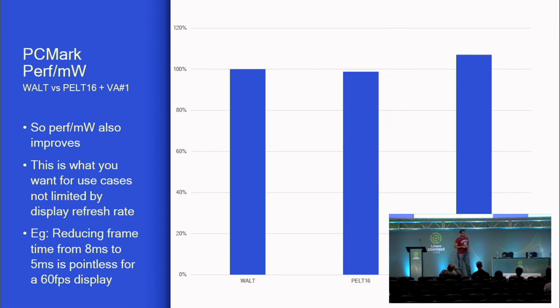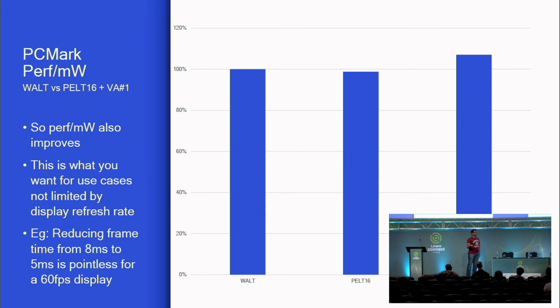And if you look at performance per milliwatt, you see the efficiency improves because you get more performance with lower power. This is really the direction you want to go for most of the changes you do. The only time you wouldn't want to do something like this is when you might get a higher efficiency point with more performance, but the performance is not really useful, if it doesn't actually show any changes to the end user.